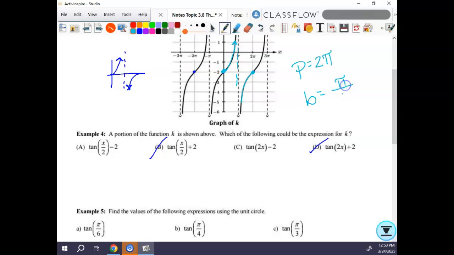Pi, and then 2 pi in the denominator. So that means that B is equal to what? 1/2. And my answer is A. Okay? What questions you got? We good? Yes? All right.